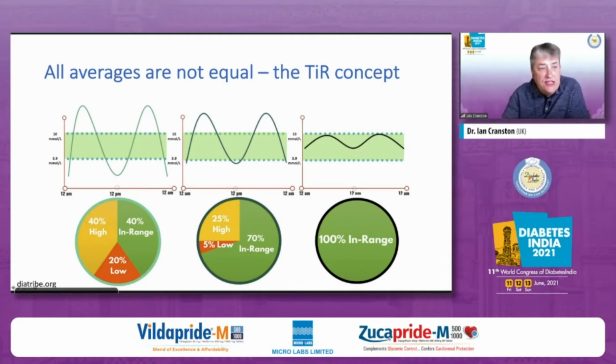And indeed, we can actually see that even though the average for this person is right in the middle of that range, they're actually spending more time high and low than they are in their comfortable range when the variability is high. So this time in range concept combines these two issues that we need to be looking at, and I think therefore has become a very straightforward process for us to start looking at in a very simplistic way.